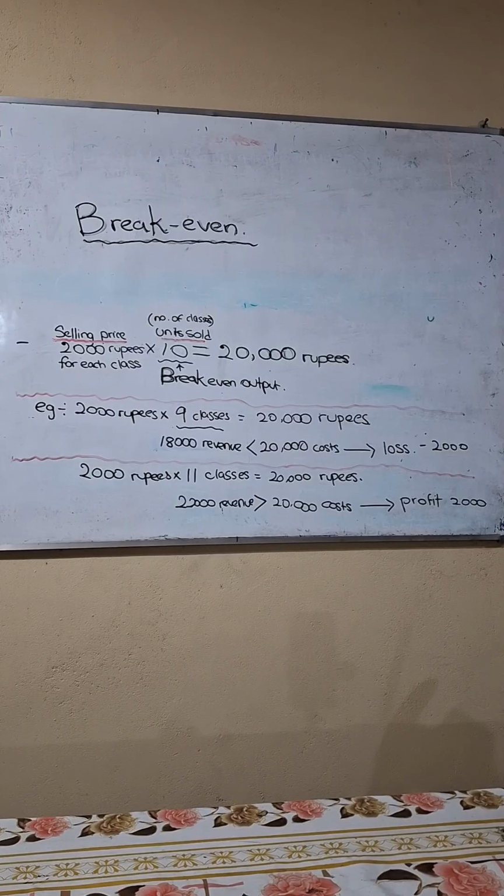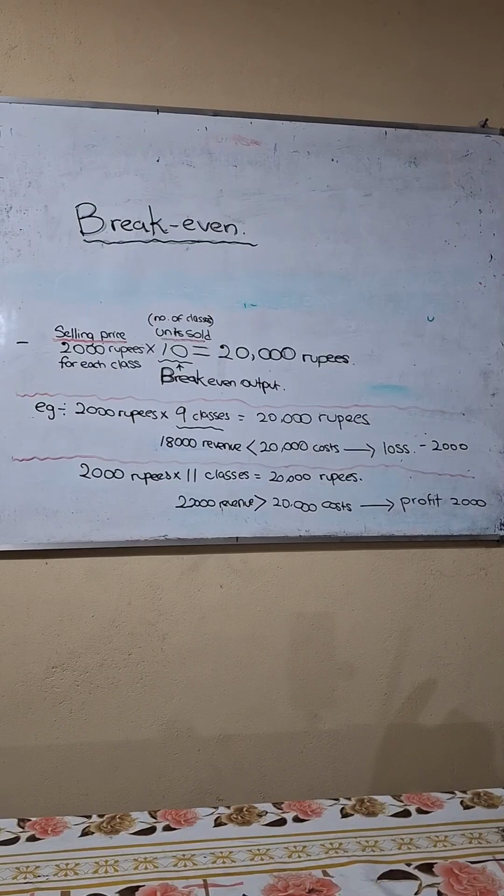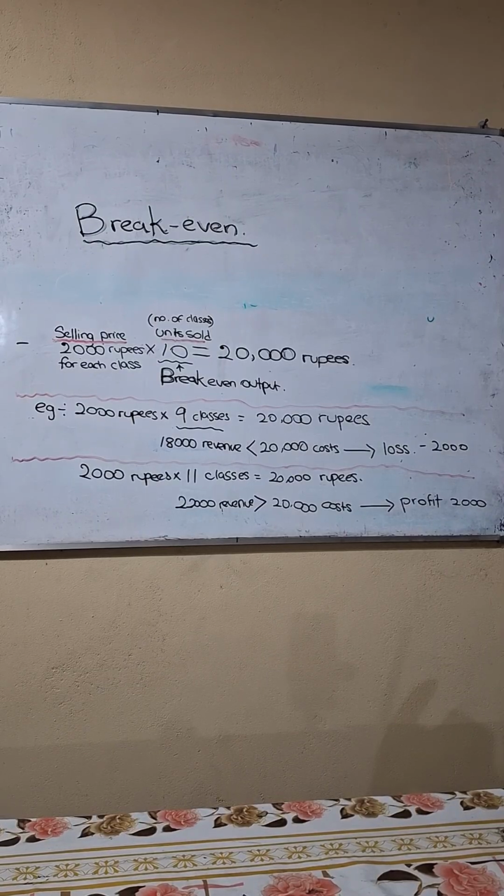So from there itself you can see that my cost exceeds my income. In this case, I will actually go through a loss because I am short of 2,000 rupees to pay off my bills. That is why it's important to always produce goods or services at the break-even level of output or above.